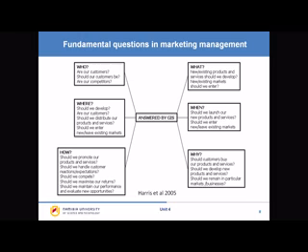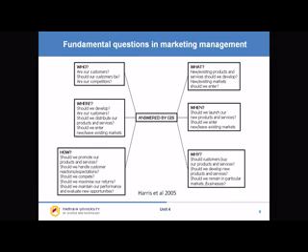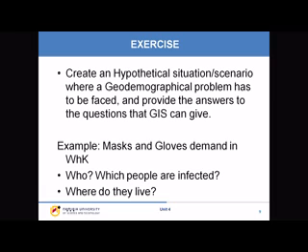So one example, the first question will be: who are our customers? Who are the potential people who really need to get access to, for example, masks? And then you can say those people working with the public, because if they get infected, it's much easier for them to disseminate the sickness.